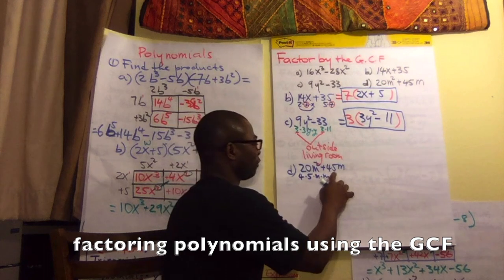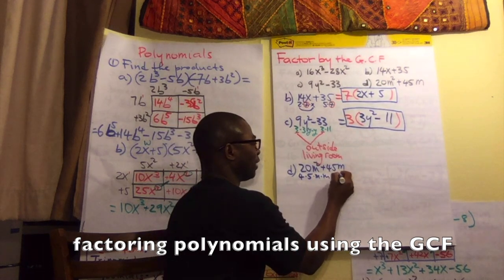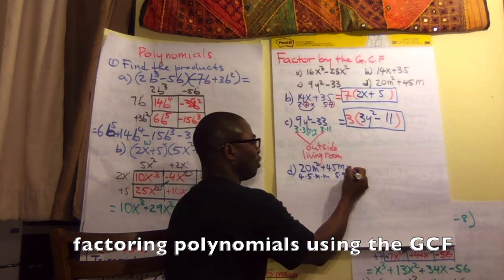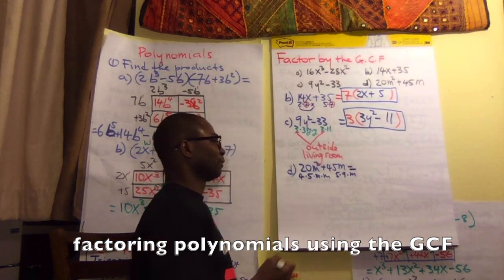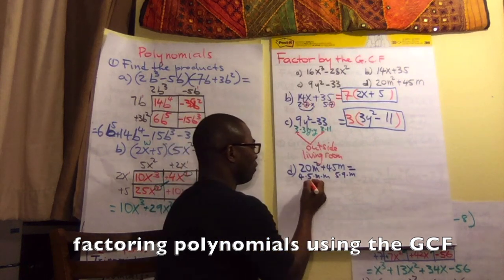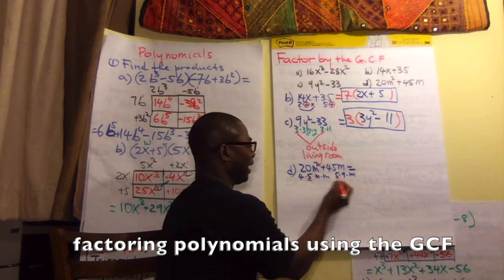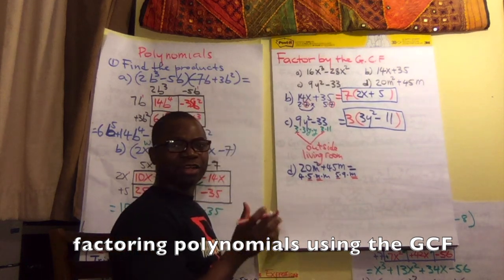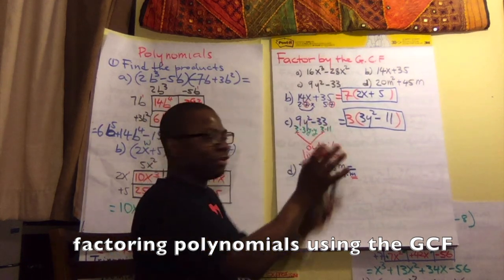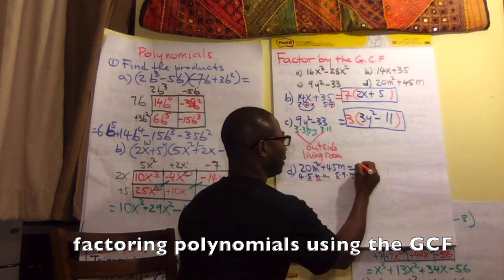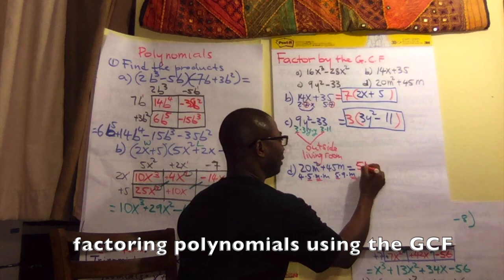I look at 45. I know they have 5 in common. So it's 5 times 9 times m, because I know my multiplication table. Okay? All right. What do they have in common? 5 and 1m. Whatever they have in common, we leave it outside in the living room. 5m.